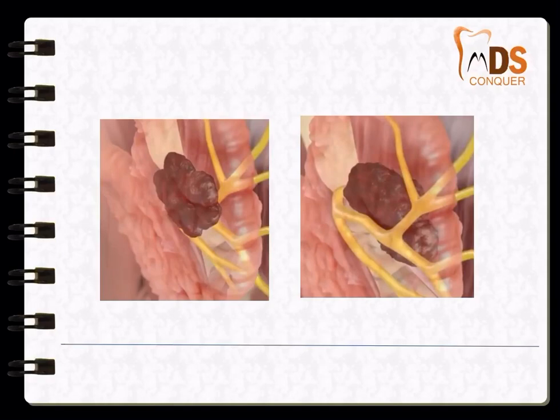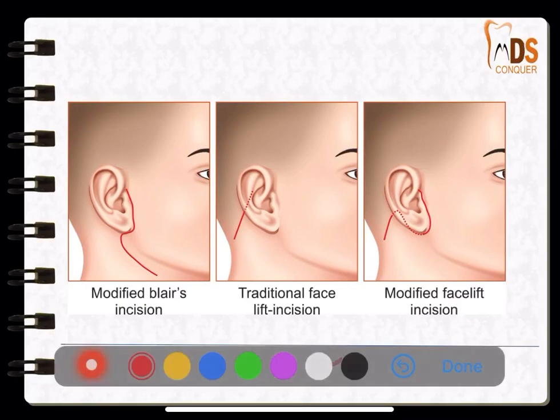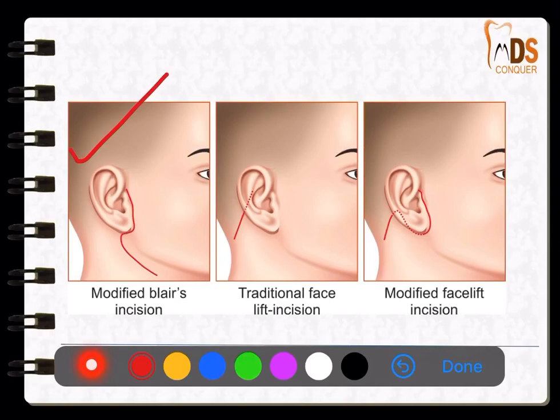But most of the benign parotid tumors occur in the superficial lobe, so the best treatment modality is the superficial parotidectomy. The incisions which are given are these incisions, students, very important. You have to go for this, which is the modified Blair incision.